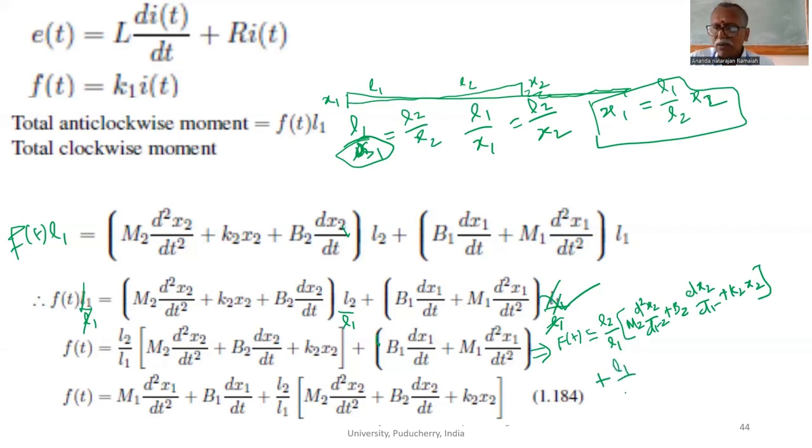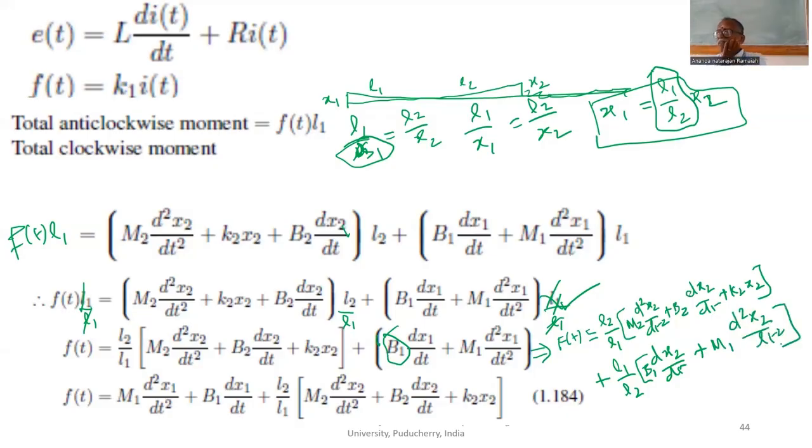Therefore, here also we will get L1 upon L2. Here, this is B1 dx1. We want to write dx2 in terms of x2. Therefore, this constant came out. There is no differentiation for a constant. If we differentiate x2, we get dx2/dt, B1 multiplied by B1 plus M1 d²x2/dt². So the entire equation is now in terms of x2.